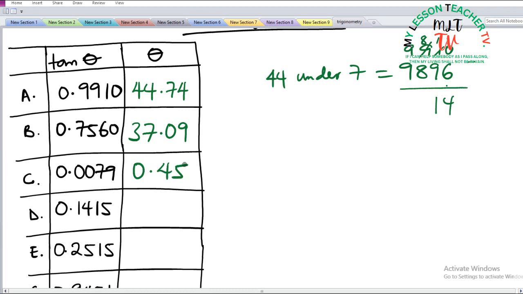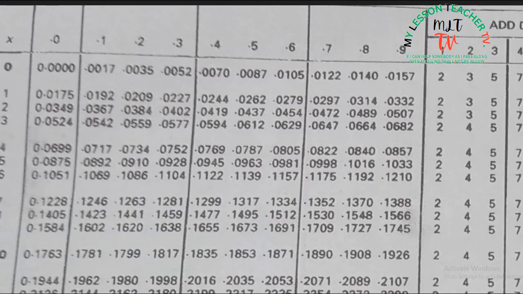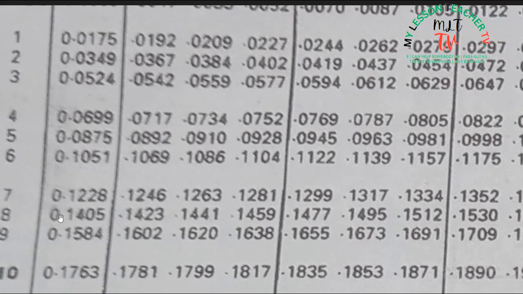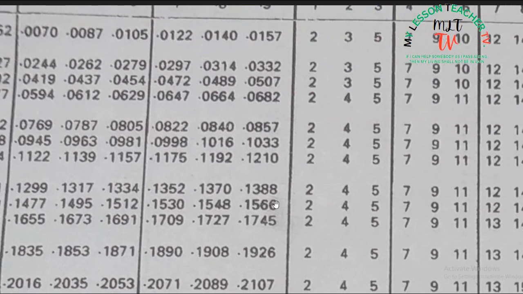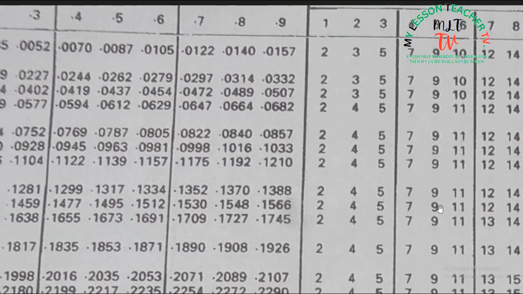Next is 0.1415. We are asked to find the angle whose tangent is 0.1415. Go to your table and check for 14, 15. We have 0.1405. Look for a difference of 10. When you work this way, we have a difference of 9, and the difference of 9 is under 5.